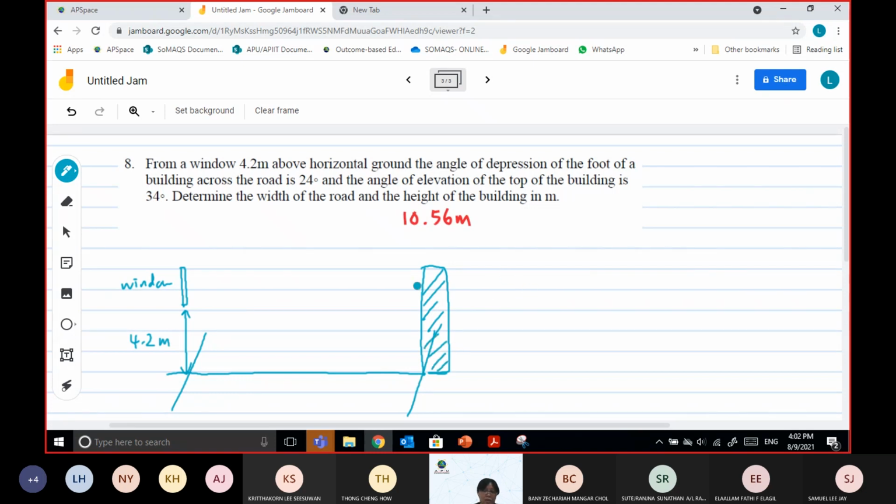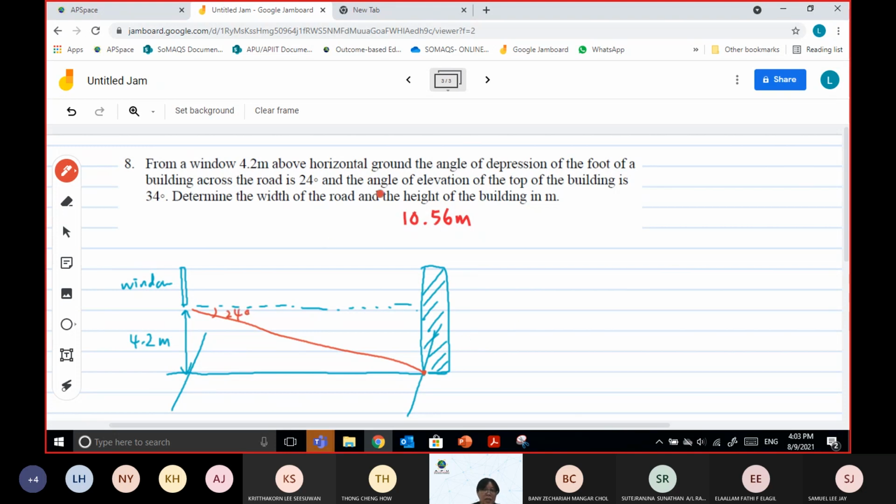The angle of depression of the foot of the building across the road is 24 degrees. So that means from the window, the foot of the building is here, and this is the angle of depression, 24 degrees.